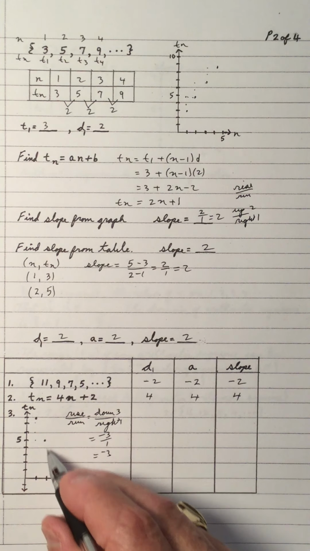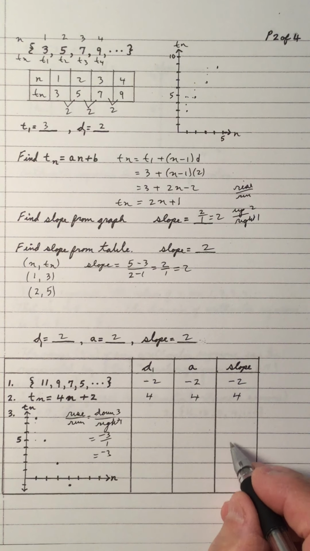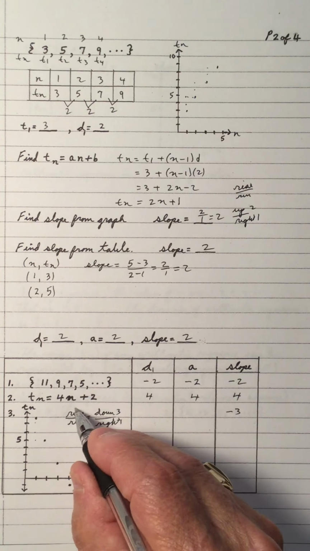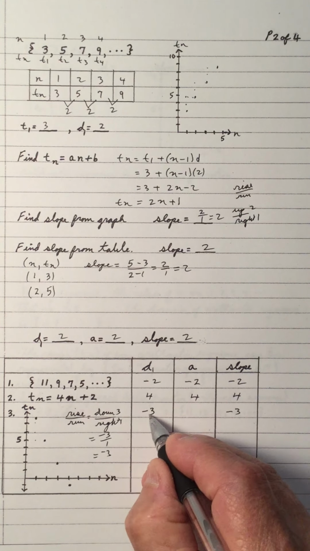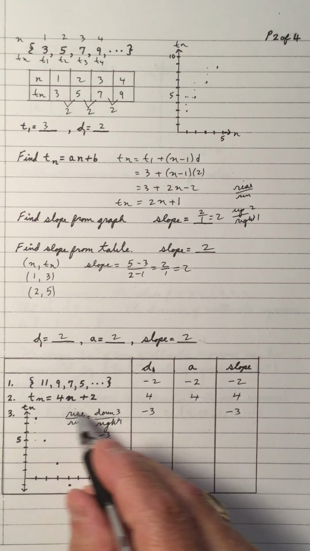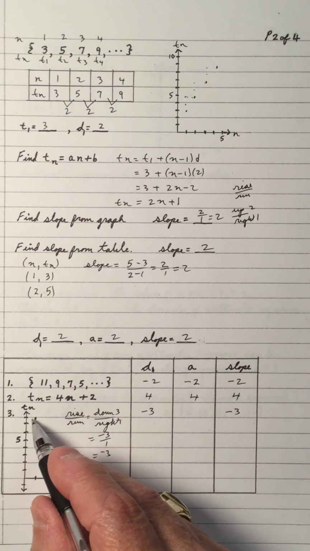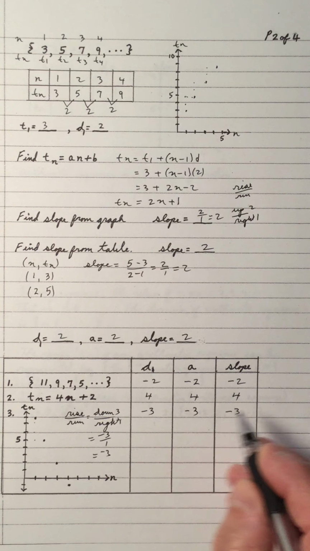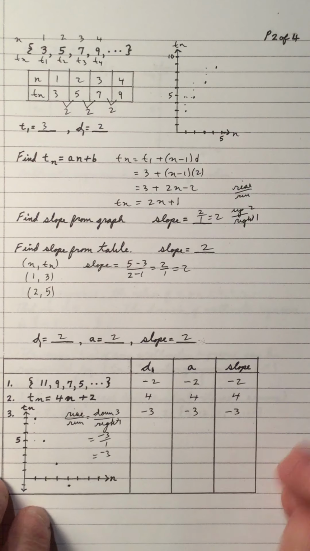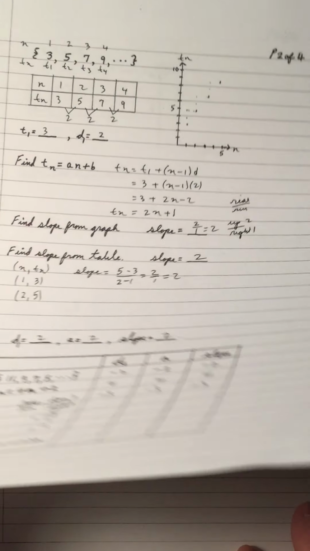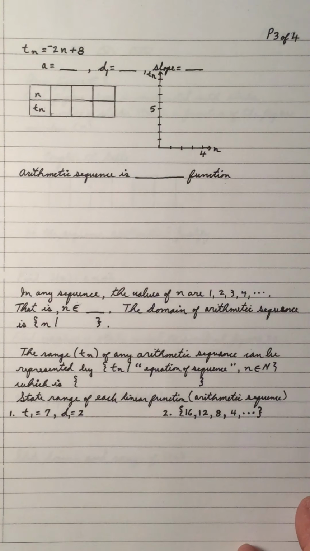So the slope of this graph is negative 3. That means the difference in the equation is going to be negative 3, and when you set up the sequence, A is negative 3. Let's continue. So D1 is the slope.